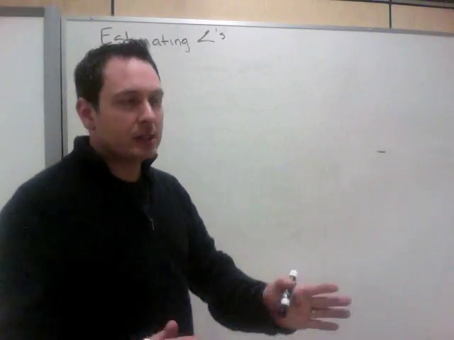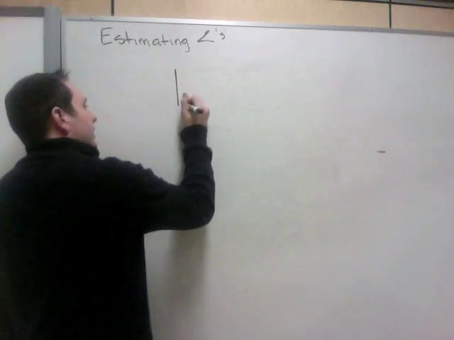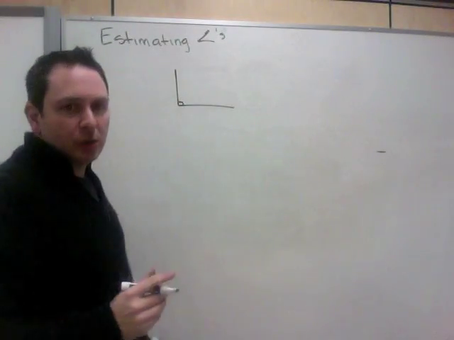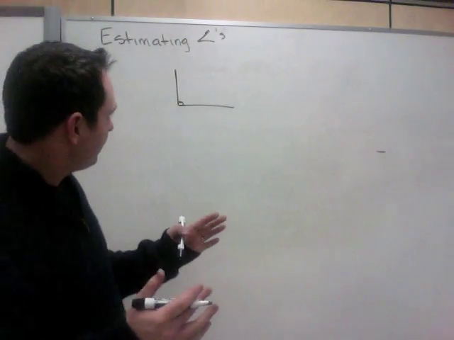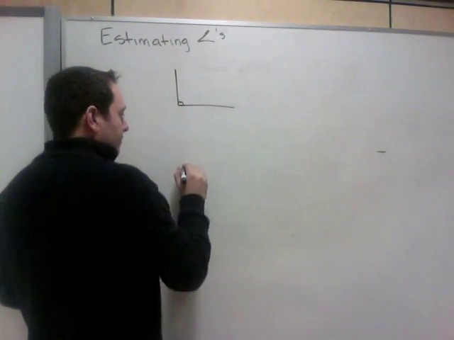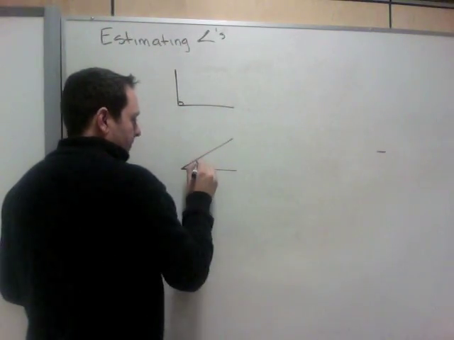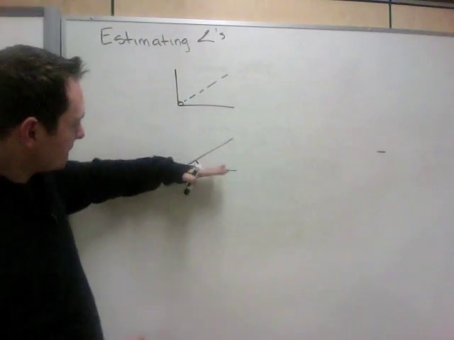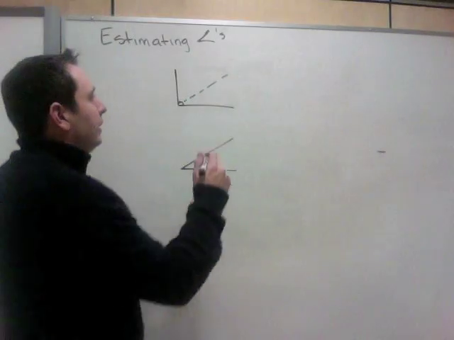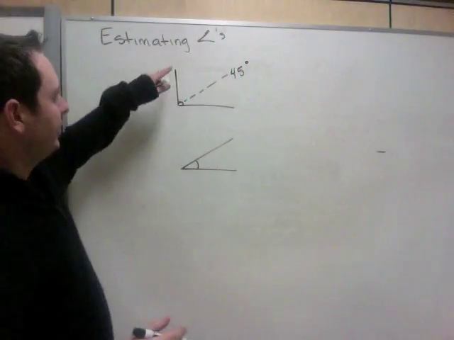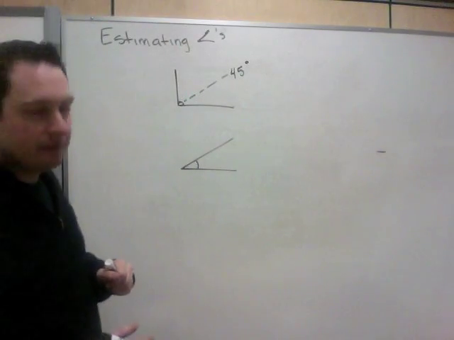So some reference for angles. First you have to know some things. So the first one is 90 degrees. Okay? And everything we're going to relate to 90. If we had an angle that was about half of 90, so if it went in the middle, that is 45 degrees. Half of 90? 90 divided by 2 is 45.